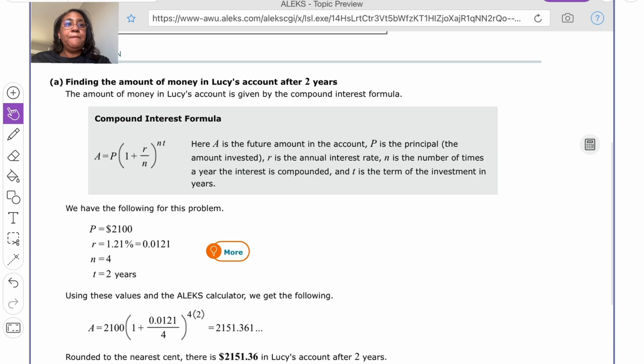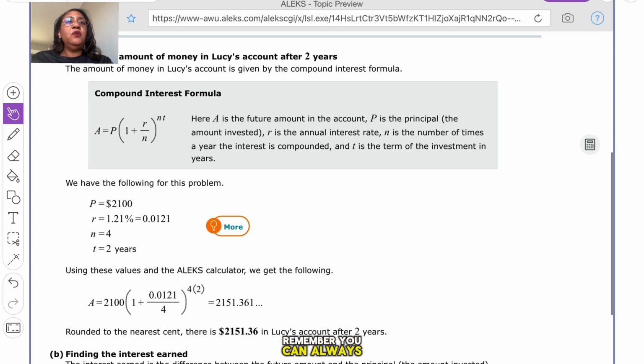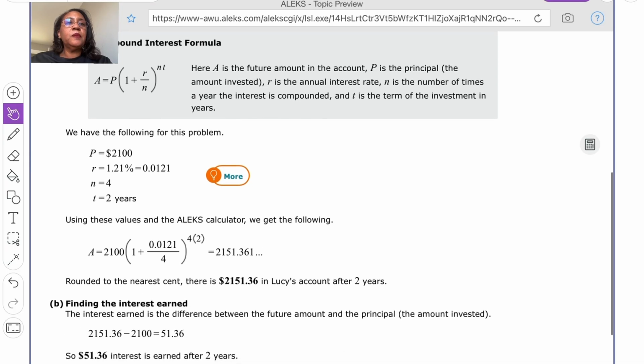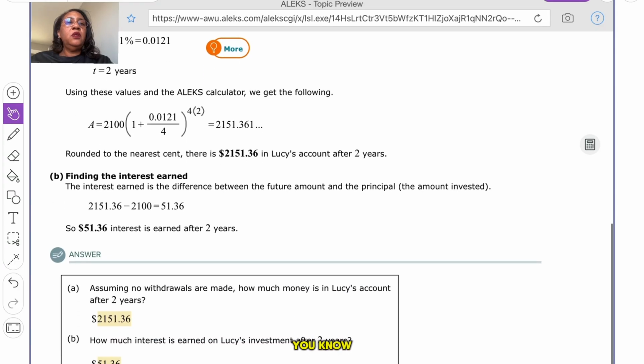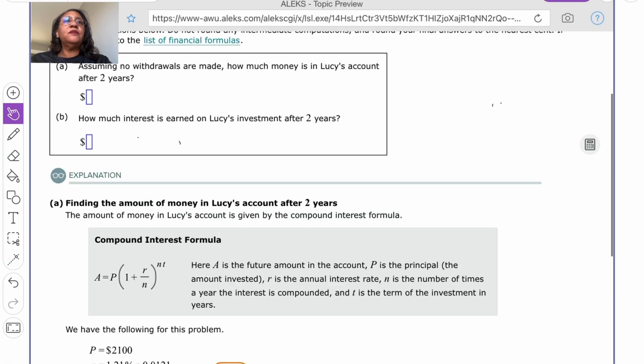Okay, remember you can always click on more. And then you just figure out the amount that's in the account after the 2 years, and then how much interest did she earn. Okay.